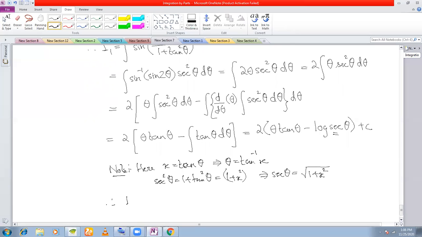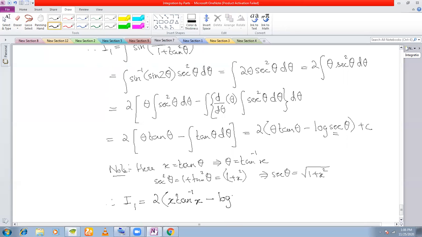Therefore I1 here is twice of theta tan theta. Tan theta is x and theta is tan inverse x, so x tan inverse x, minus log sec theta.